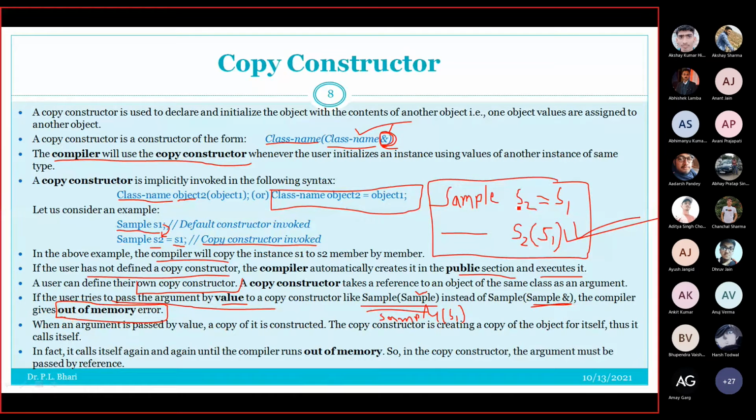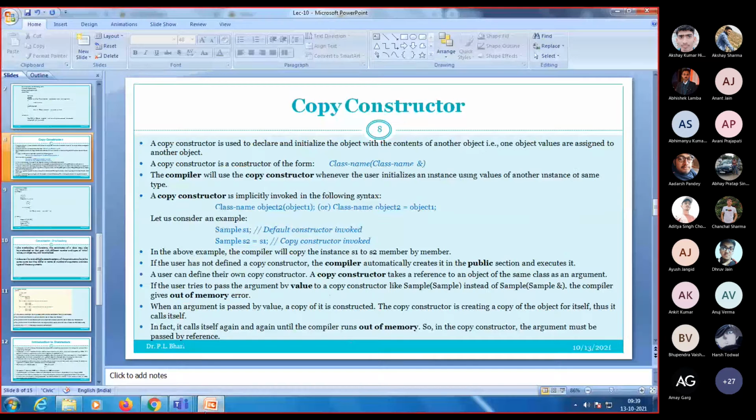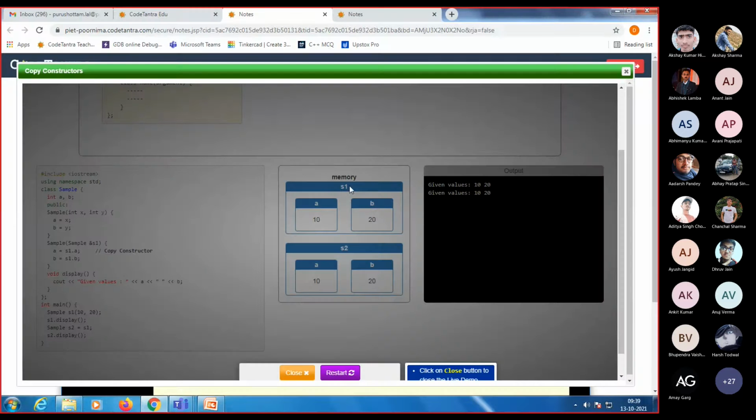Because whenever you do not transfer the reference, or we can say address, and only transfer values, then there is a problem that you can't copy the proper values, because you don't know what memory address A and B inside S1 had taken. An object does not take space only for data members, it takes some other space too. Let's look once more at the demonstration. In this, S1 takes space in all that boundary.